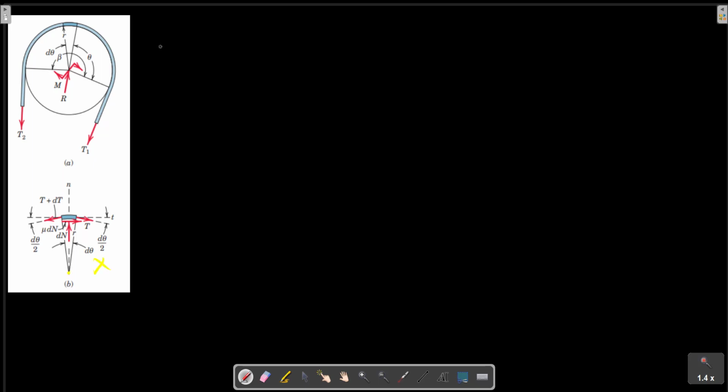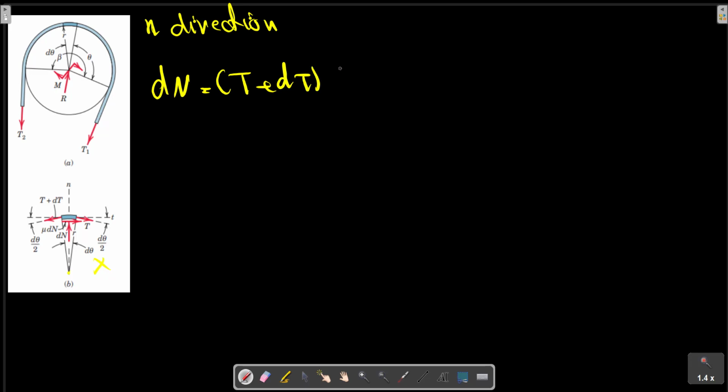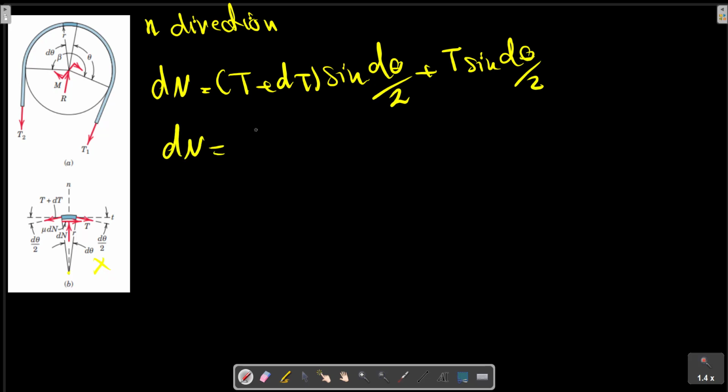In the n direction, dN equals T sine d theta over 2 plus T plus dT sine d theta over 2, so dN also equals T d theta, where we have used the fact that the sine of the differential angle in the limit equals the angle, and that the product of two differentials must be neglected in the limit compared with the first order differential remaining.